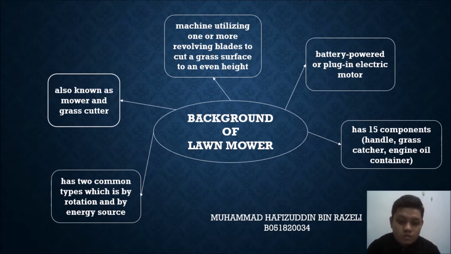For energy source, it has four types, which is gasoline or petrol, electricity, propane, or by hand. So, lawnmower has 15 components, which is handle, grass catcher, engine oil container, air filter, housing, wheel adjuster, and so on.